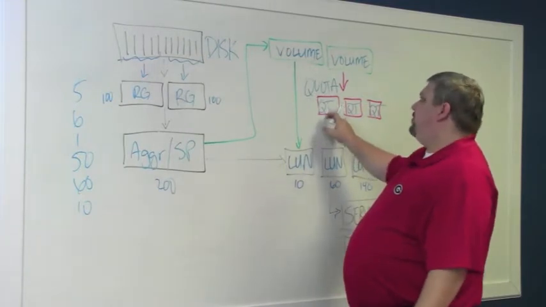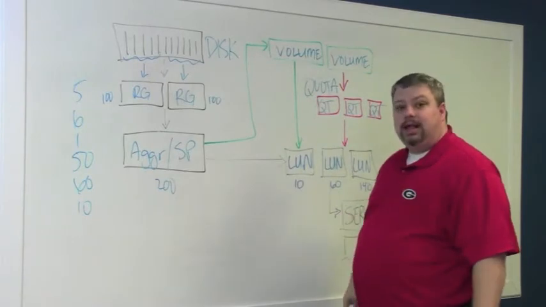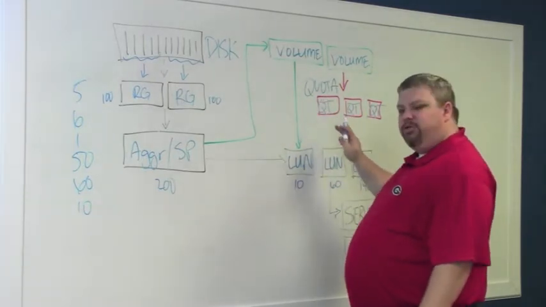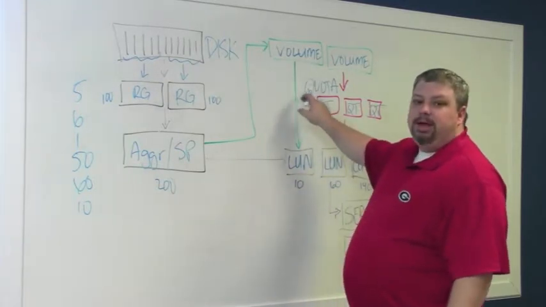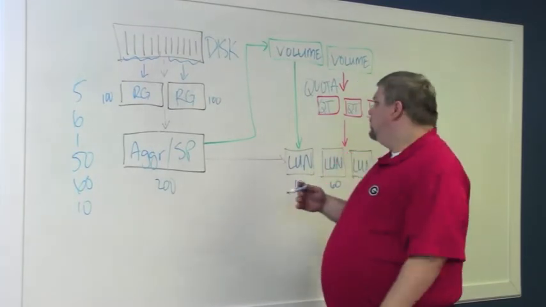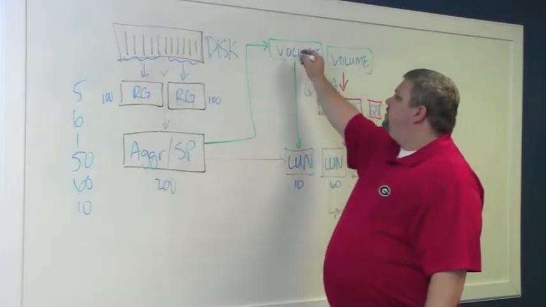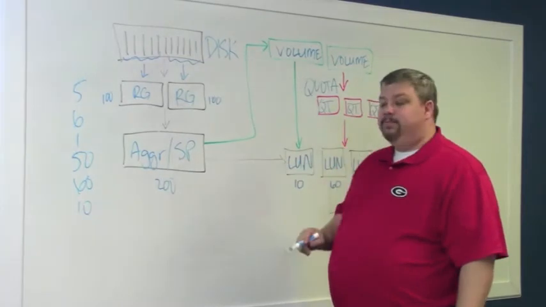These can be snapped individually apart from a volume as well, and they can be replicated individually. But I think most customers are using qtrees to limit quotas, to set a storage limit so that when this runs out of space, it doesn't affect this, and it doesn't affect this.